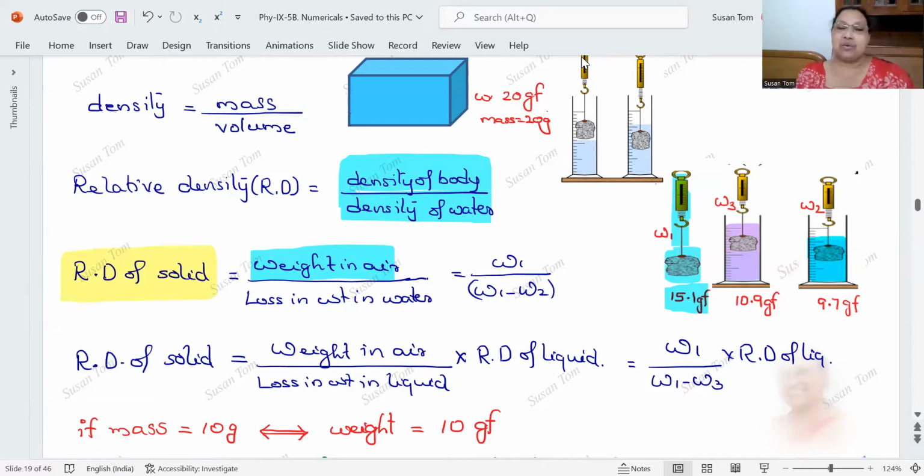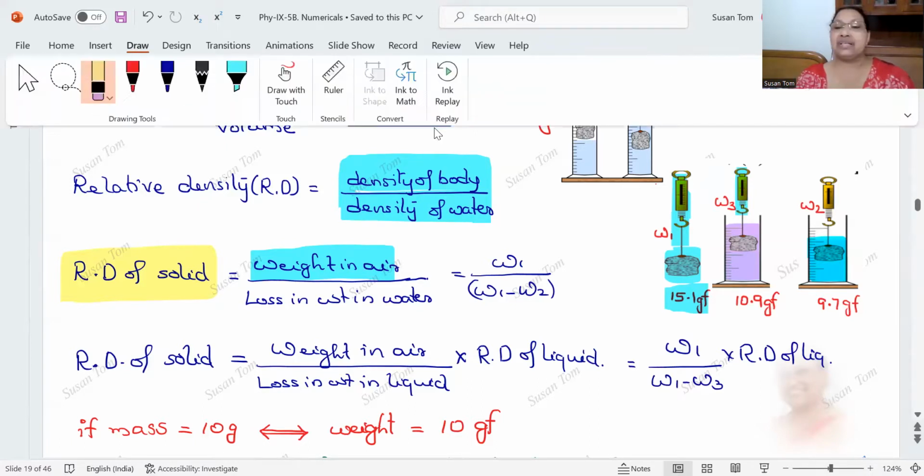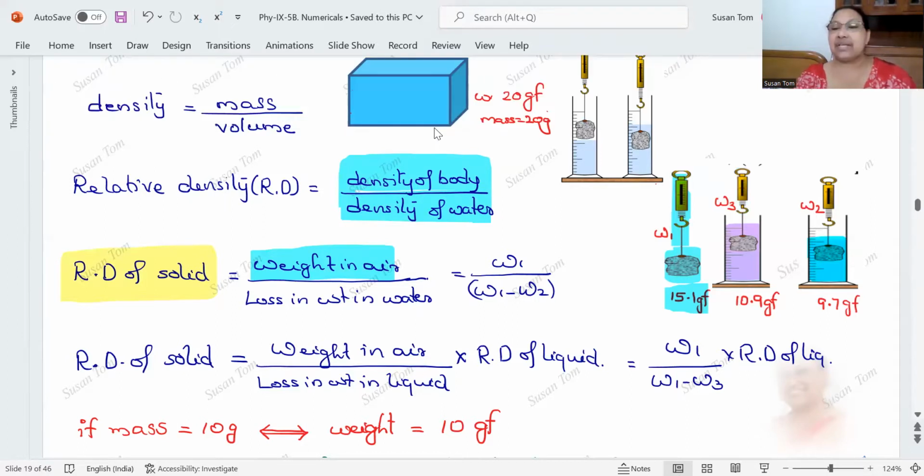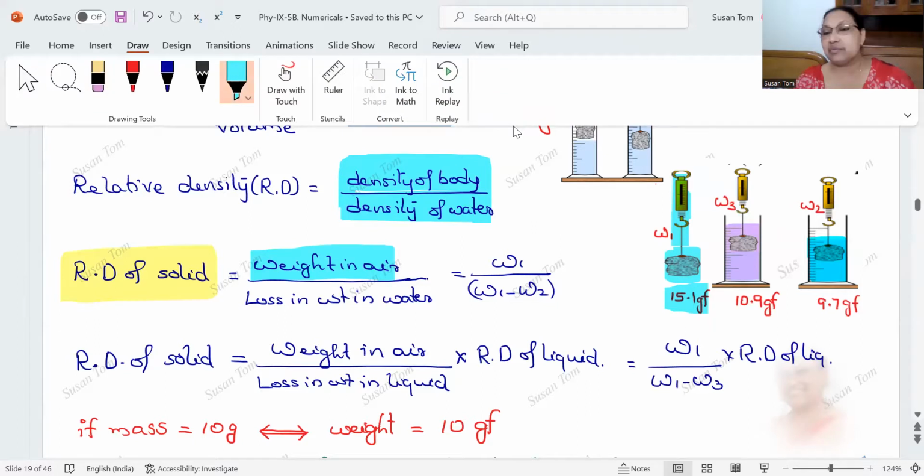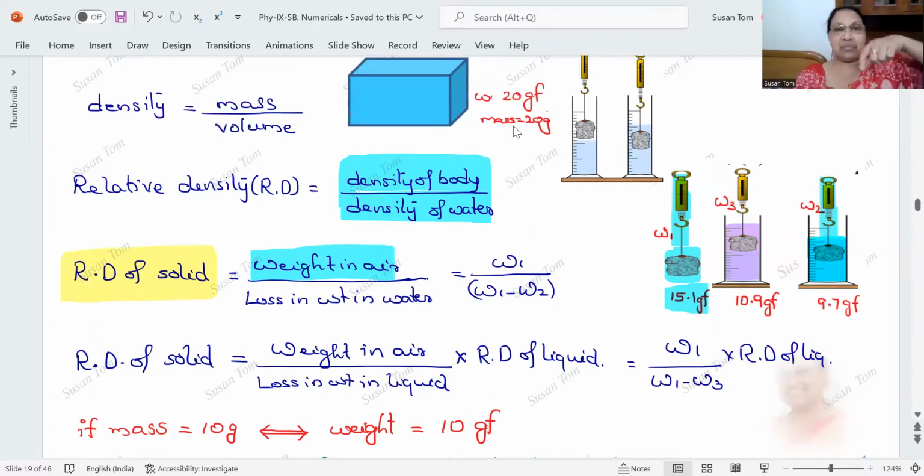Now, further you find the weight while immersing in water. Consider I'm taking this as W2 on the right side. By tying a thread, the body is immersed in water and we find the weight shown at that time in the spring balance.